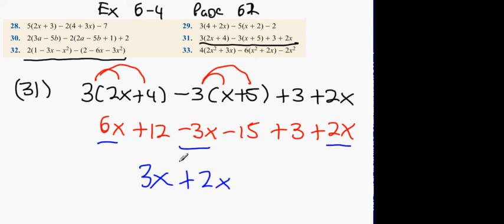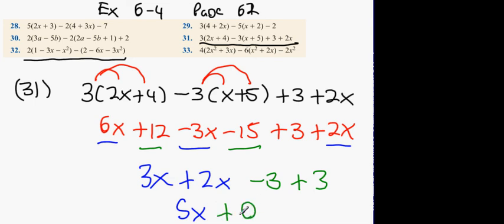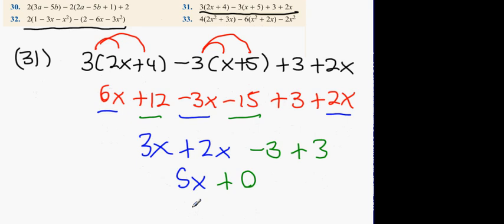Yeah. What is 3x plus 2x? 5x. Exactly, well done. That's that part done. What's 12 minus 15? Minus 3. And what's minus 3 plus 3? 0. So the answer is? 5x plus 0, but you don't have to write down 0, so the answer is? 5x. Well done. Good job.